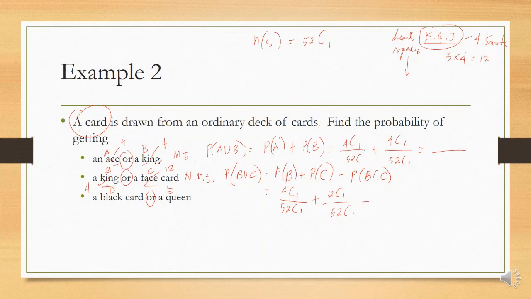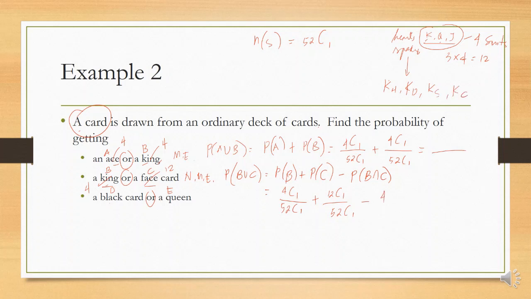combination 1, minus how many kings na face card? How many kings at the same time may face card? So, meron kang king of hearts, no? Sorry, meron kang king of hearts, meron kang king of diamonds, meron kang king of spades, and king of clubs. So, ibig sabihin, 4.